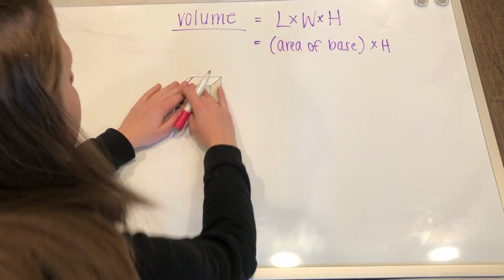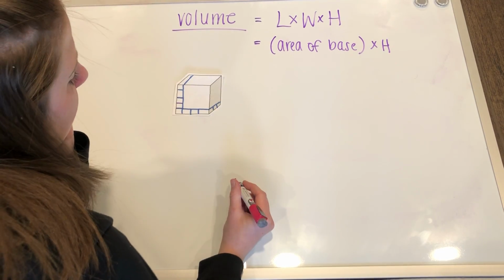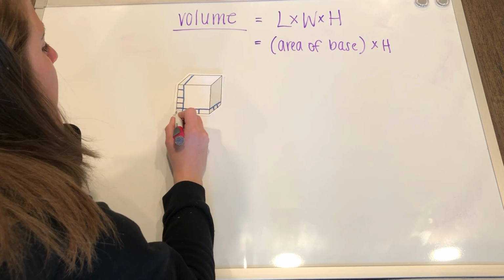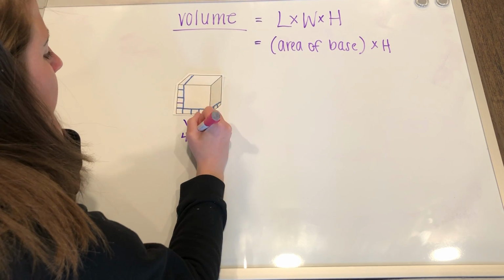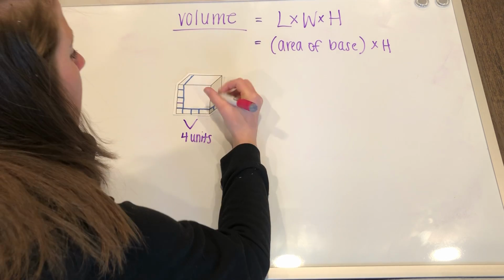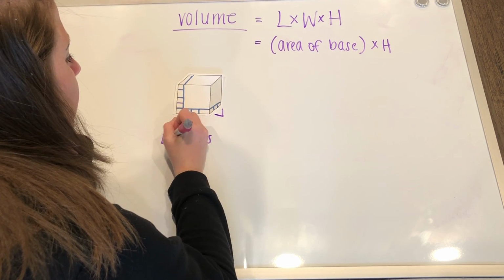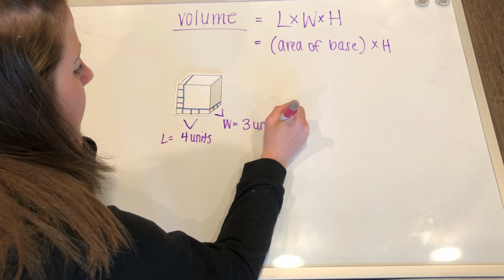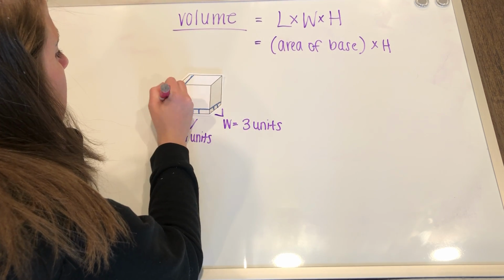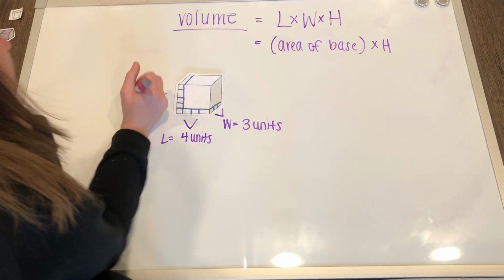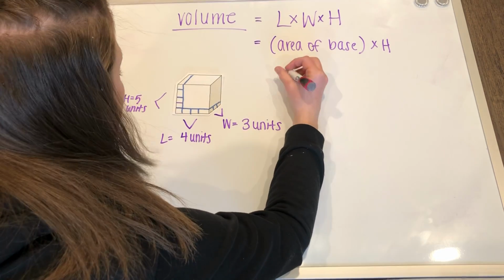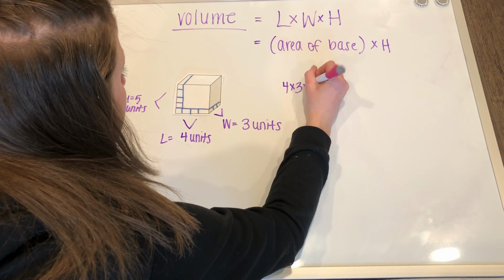So you may also get a problem that looks like this. They have the cubes here, but they don't have the whole thing filled up with cubes. So what we have to do is we have to find the length and the width and the height. So our length here is 1, 2, 3, 4 cubes, so 4 units. Our width is 1, 2, 3 units. And then our height is 1, 2, 3, 4, 5 units. So now all we have to do is just multiply 4 times 3 times 5.